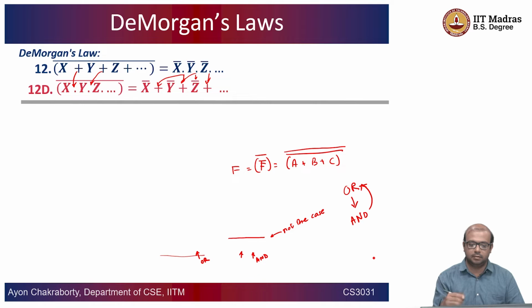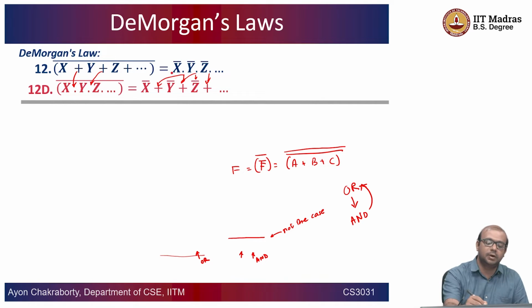They can take the value 0 or 1. If you have them, and you take a bar, so you try to do a complement of this entire expression containing all these n different elements ORed together, this is equivalent to individually complementing these literals and doing an AND.